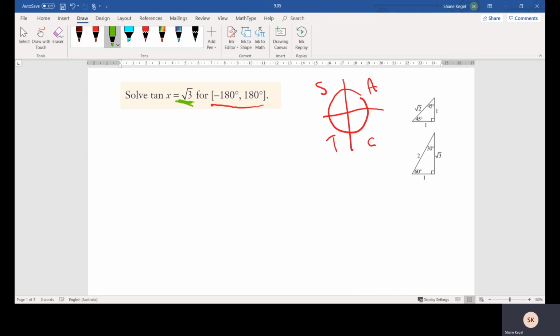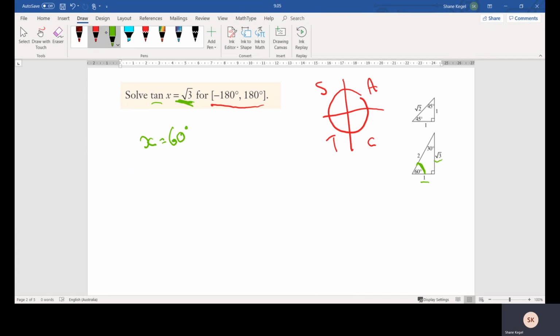I'm given root 3, and we're dealing with tan. Tan is O over A, so I'm looking in my exact triangles for where root 3 over 1 would give tan. So I know that tan must be taken from this angle, 60 degrees. So my x value equals 60 degrees.